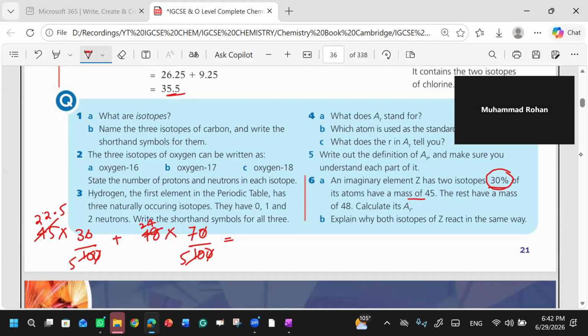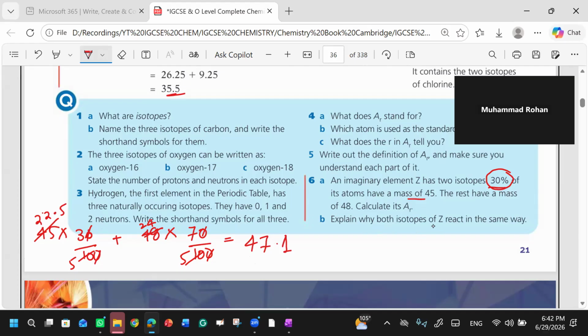And then 30 and finished. What's that? The answer is going to be 47.1. 47.1. Okay.